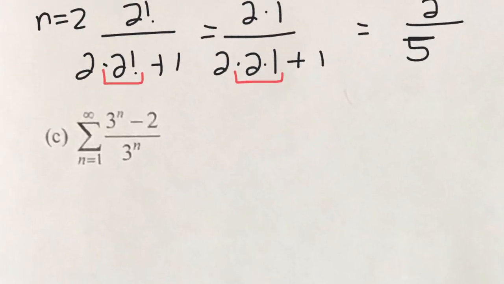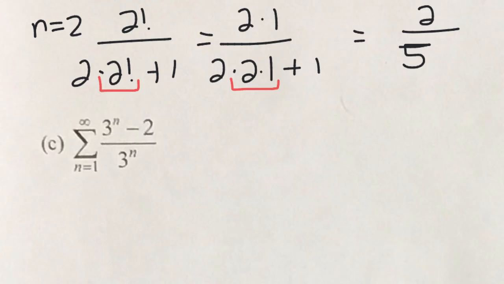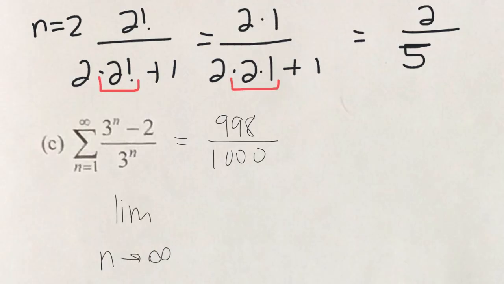Okay, we're going to do the same thing for this one, 3 to the n minus 2 over 3 to the n. The numerator is 2 less than the denominator. That would be like 998 over 1,000. That's not an actual thing because 3 to the n doesn't equal 1,000, but if we took the limit for very large numbers, it would go to 1.